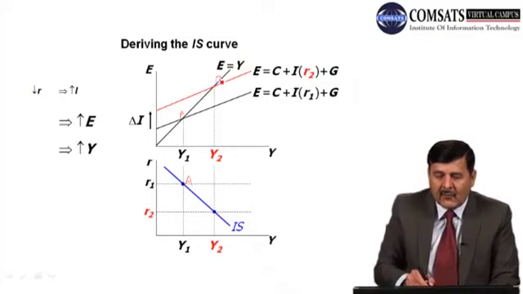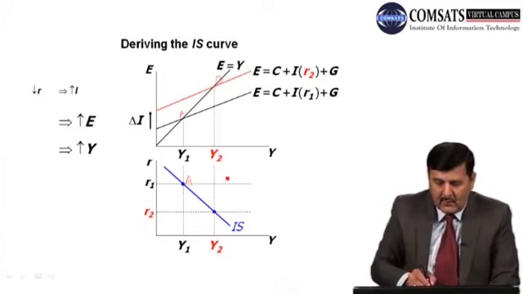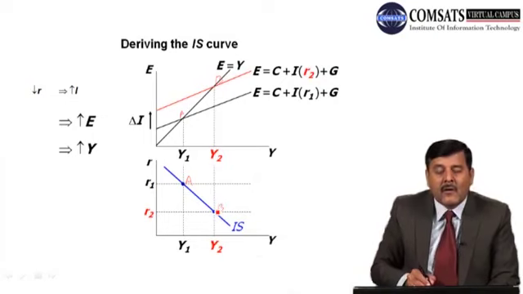Now if we take this point where the income level is Y2, इसको अगर आप नीचे ले आए तो you have a new interest rate. When R comes down from R1 to R2, income will go up from Y1 to Y2. So you have another point from the Keynesian cross.